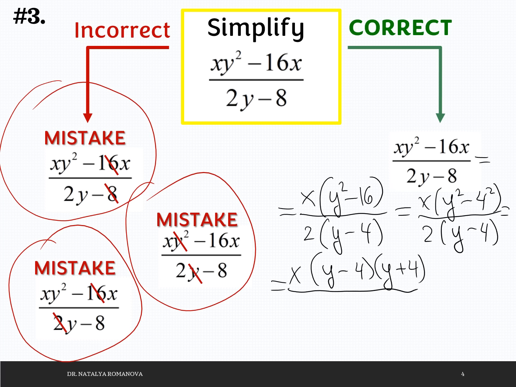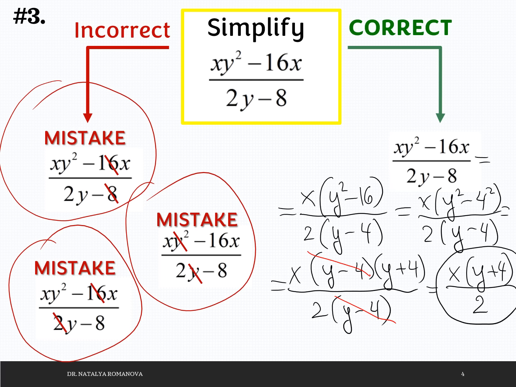We keep the denominator, 2y minus 4. Now we can see we have the common factor y minus 4 and y minus 4. We can cancel out. The correct answer would be x(y plus 4) over 2. It is the answer for our example.